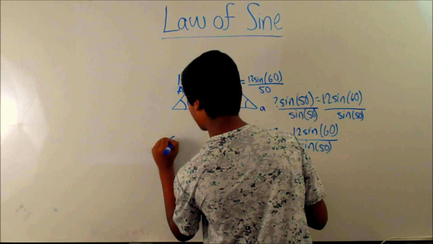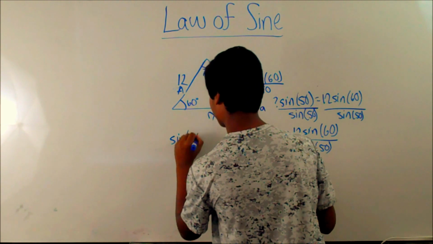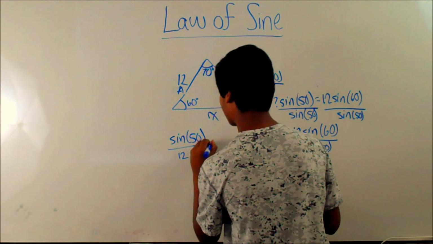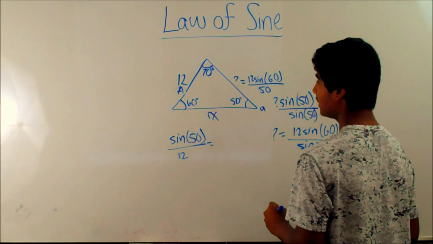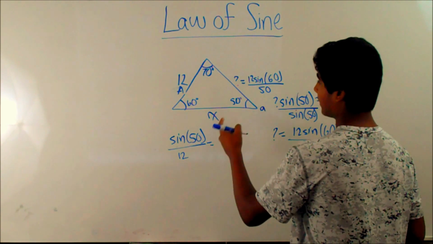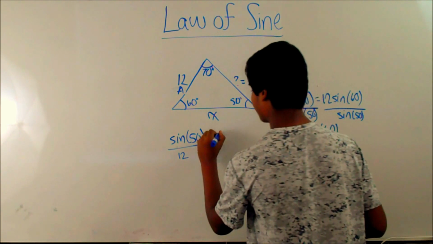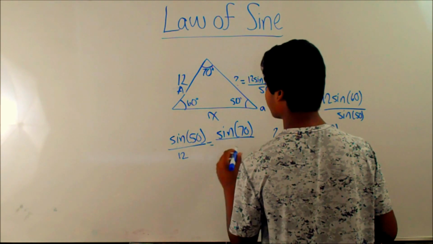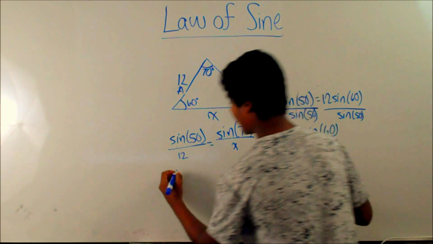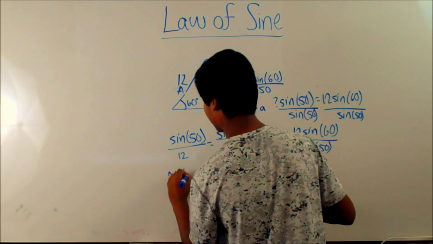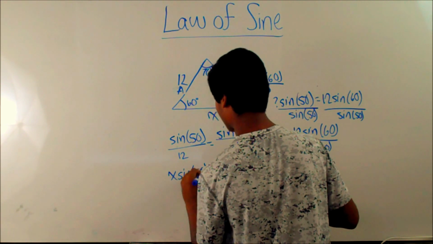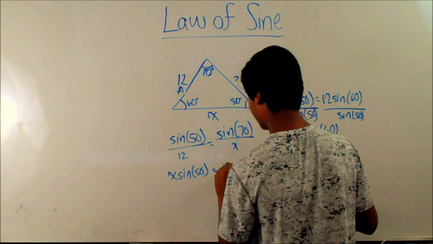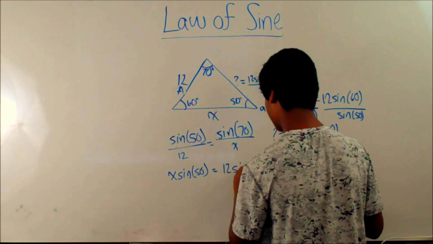So it would be sine of 50 over 12 is equal to sine of 70 over x. So then we just say x sine 50 is equal to 12 sine 70.